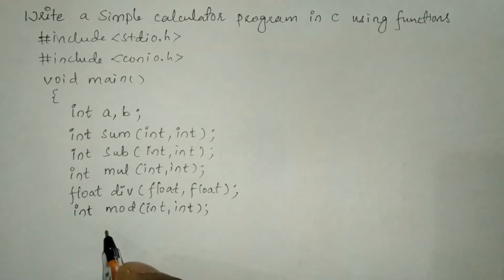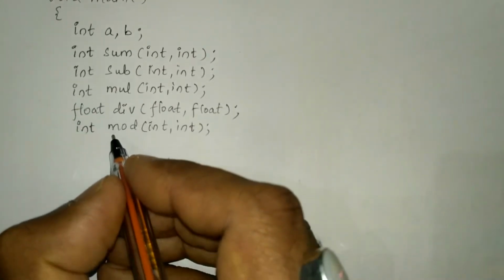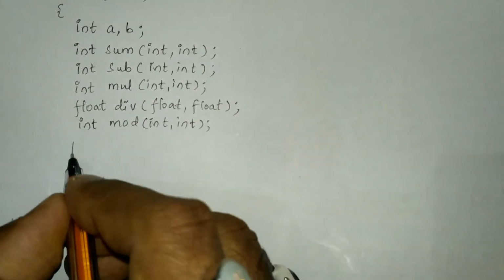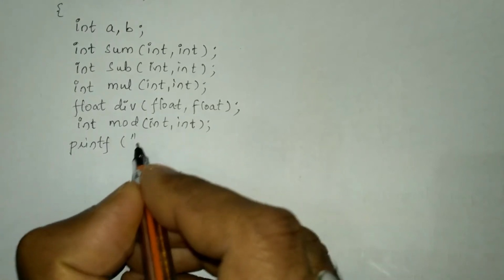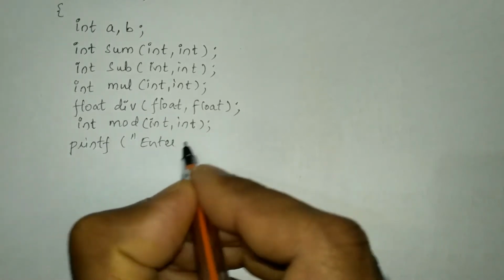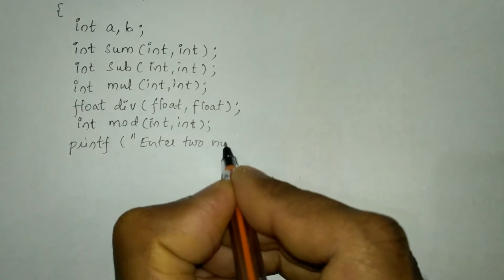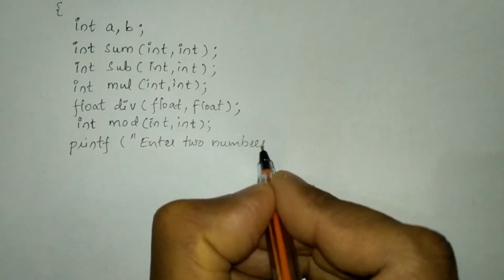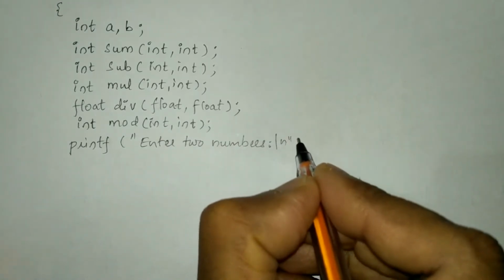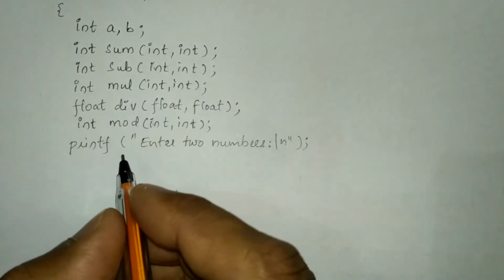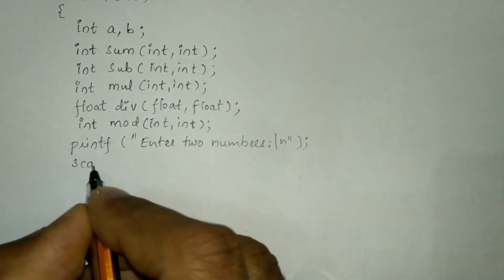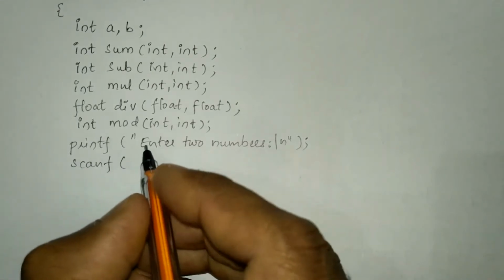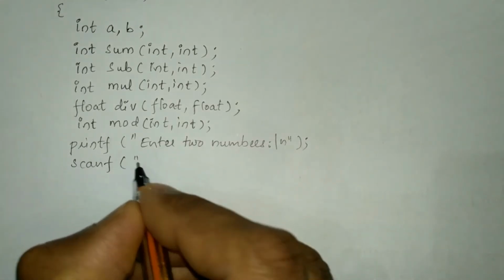So let us write the printf statement to enter two numbers. Here I'm going to write printf, and in double quotation marks I'm going to write "enter two numbers\n", that brings the cursor down to the next line. And now I'm going to use the scanf function to receive the response from the user.